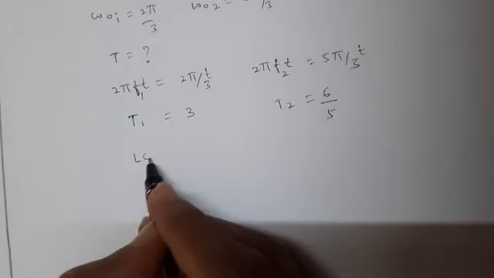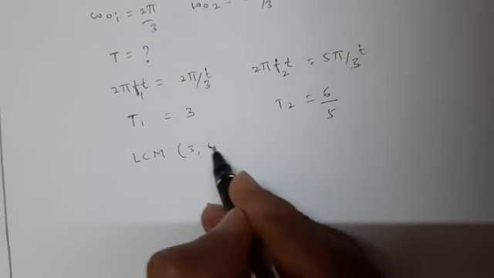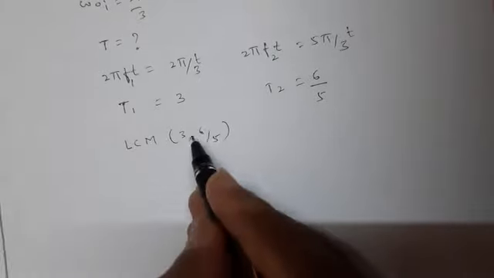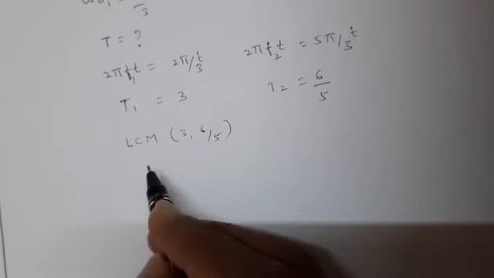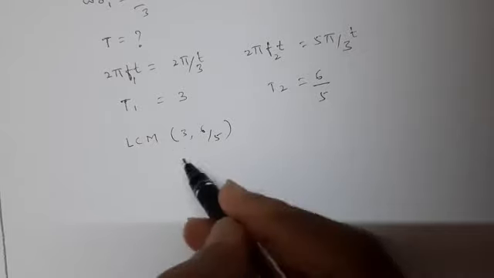Taking the LCM of 3 and 6 by 5. If this is a fraction, compensate it by 5 and you will end up finding the LCM.